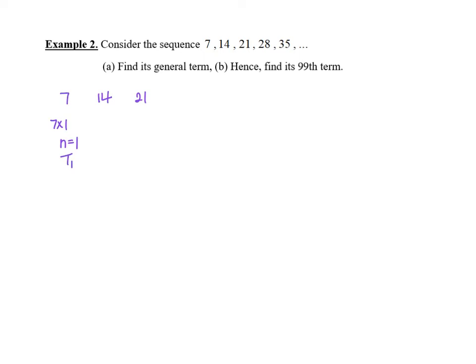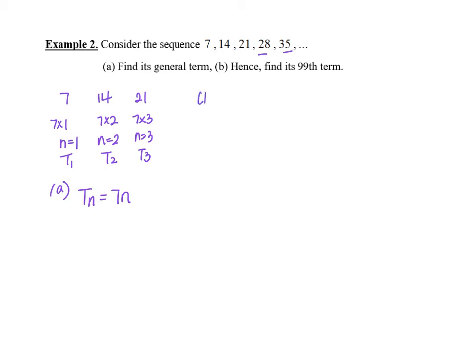When it's term 2, I'll get 7 times 2. Term 3 is 7 times 3. Then 7 times 4 gives you 28. 7 times 5 gives you 35. Therefore, we can generalize that term n, the general term, will be 7 times n, which gives me 7n.